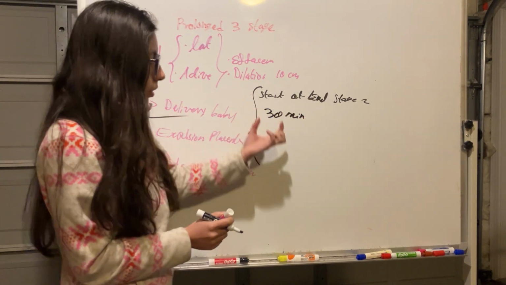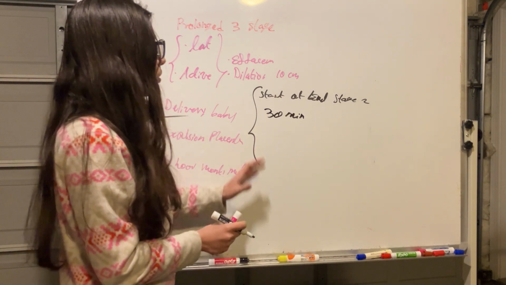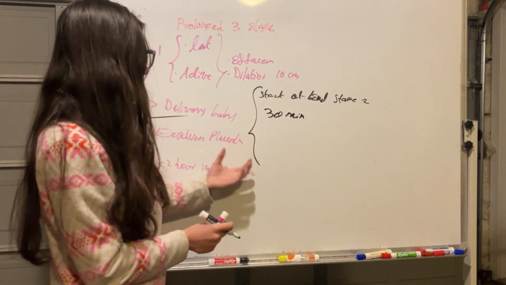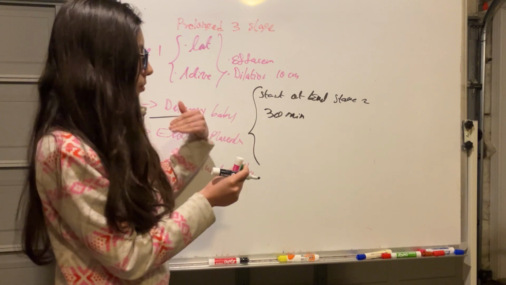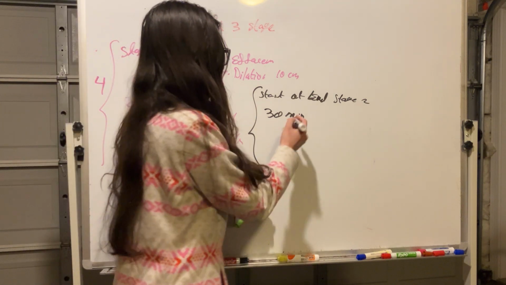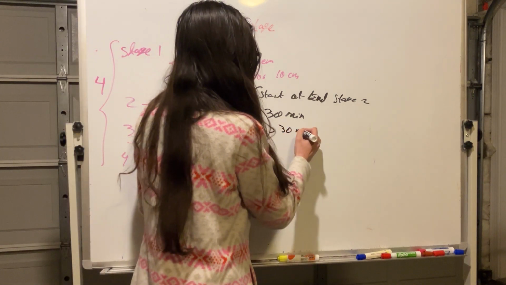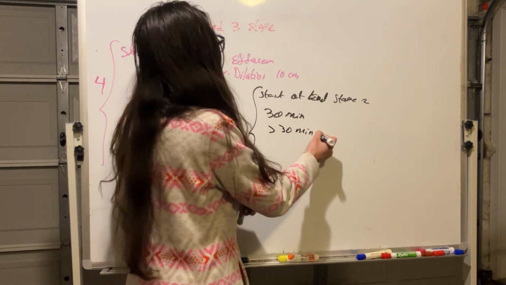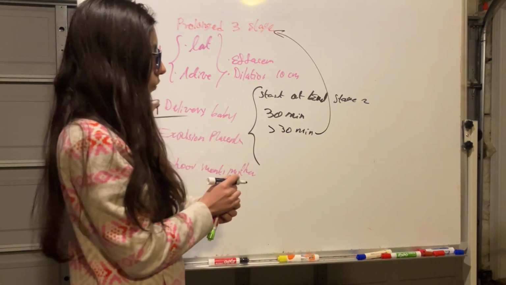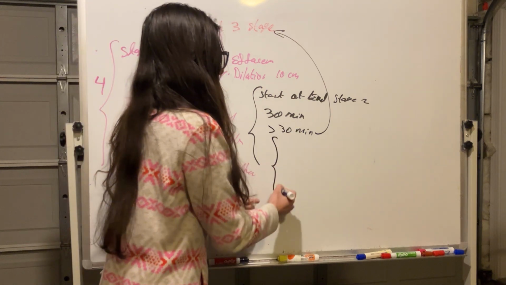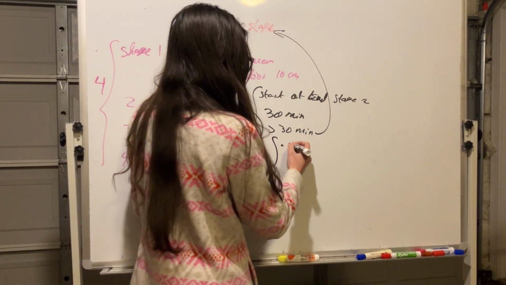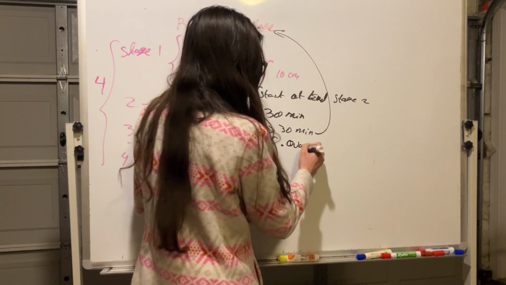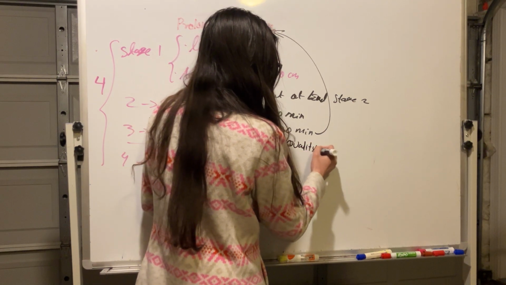So prolonged stage 3 is when the time for the expulsion of the placenta has been longer than 30 minutes. So more than 30 minutes for the expulsion of the placenta is considered prolonged stage 3 of labor, and the cause of this could be the quality of the contractions.